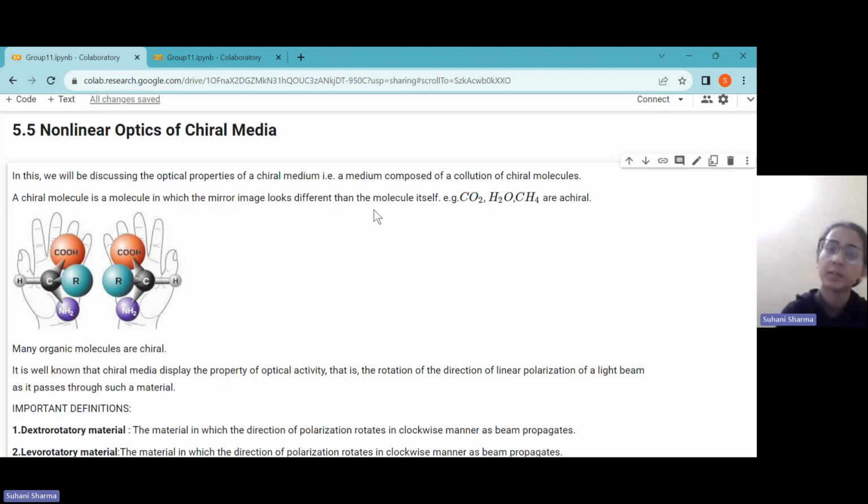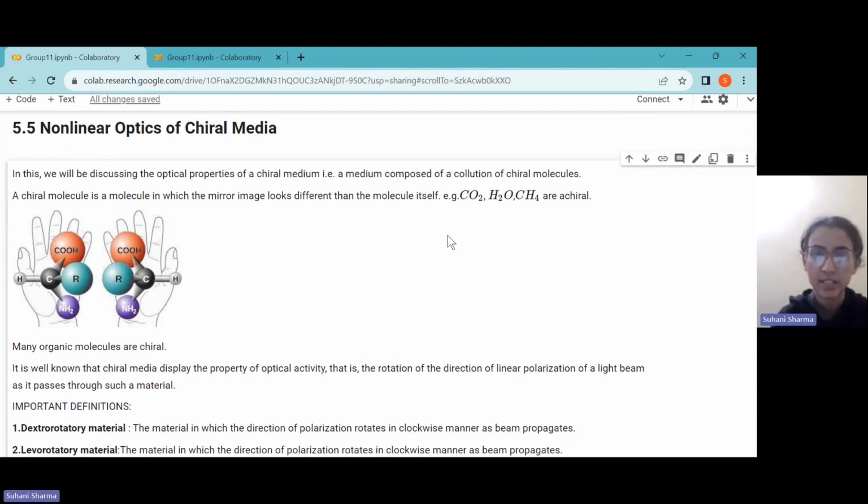We'll begin with the basics and then dive into some cutting edge research in this field, and we'll see how it is still a field of great interest. So we will start with chirality and optical activity.